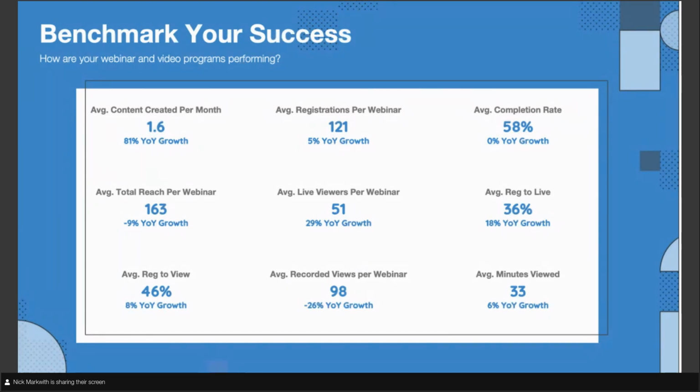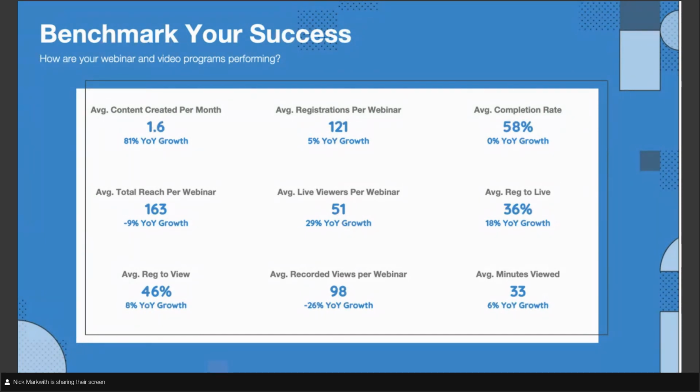BrightTALK last April released our 2021 benchmark report, and in this report we looked at hundreds of thousands of different data points to understand how marketers are creating content and how professionals are engaging with that content.